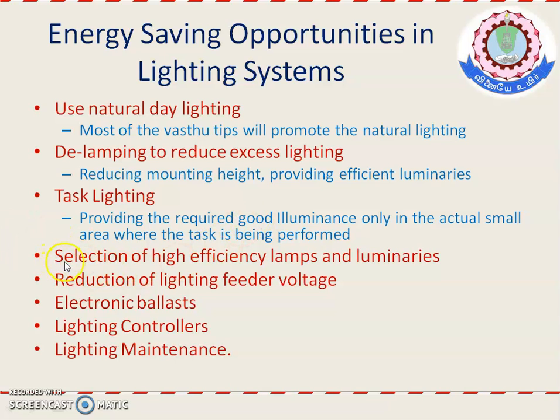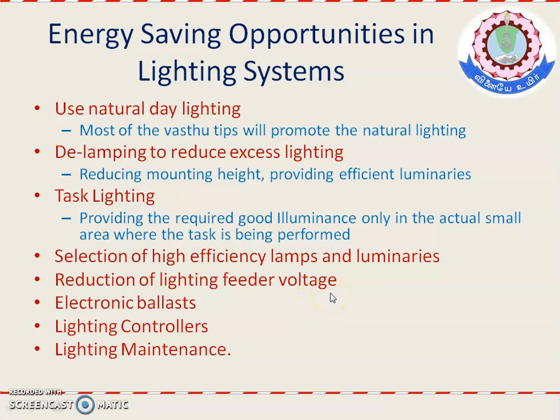And the next thing is selection of high efficiency lamps and luminaires. A luminaire is nothing but the cover arrangement for the lights, which has reflection effects, and if you have a huge reflection effect you will produce a huge amount of light, and you need to select accordingly with high efficiency. Another thing is reduction of lighting feeder voltage.